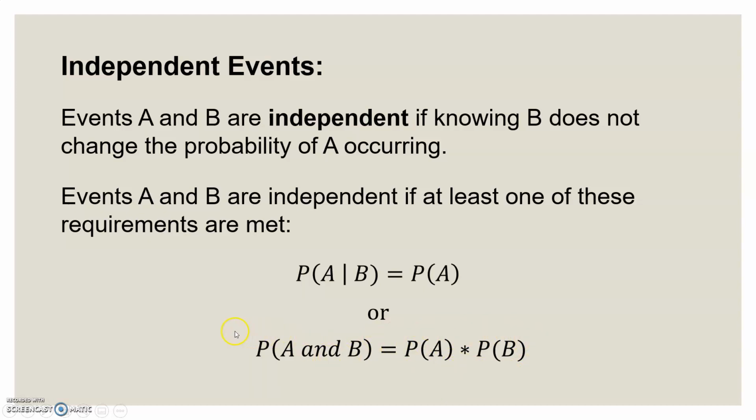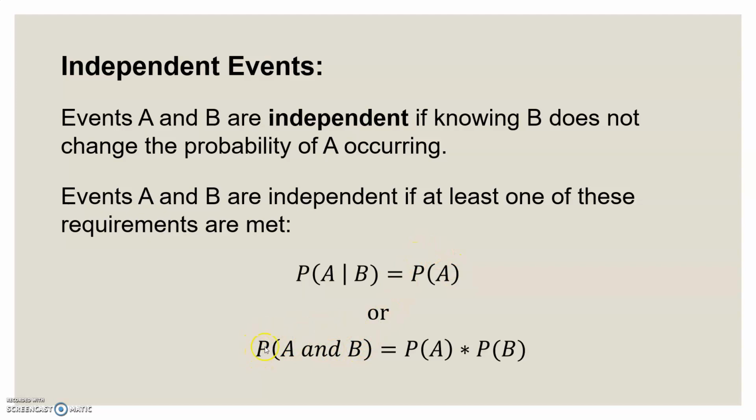So for independent events, it's not so much that you have to calculate probabilities, but more so checking to make sure that they are independent of each other. So here, you're checking to make sure that the left-hand side matches the right-hand side. Same with the second part right here.